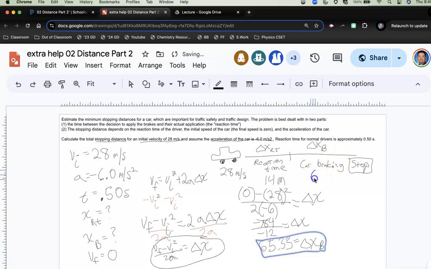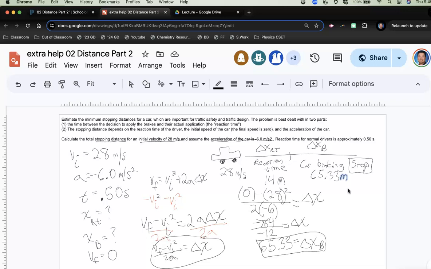Why, Caleb, aren't we done yet? The goal is to see how far the car goes until it stops, right? Person's thinking, car's drifting, stop. So, what's my final answer? It's not 14 and it's not 65. What should we do?